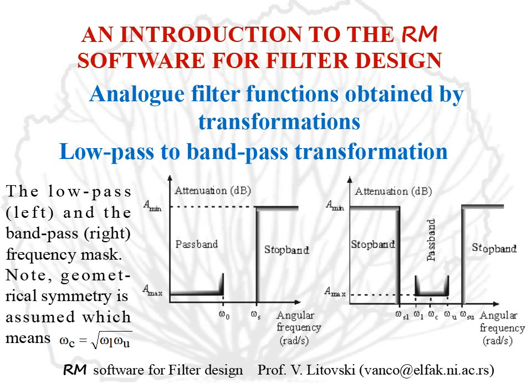This transformation produces a bandpass filter which has geometrical symmetry, which means that the central frequency, omega C, is obtained as the root of the product of the new passband edge frequencies, omega L and omega U, omega low and omega up.